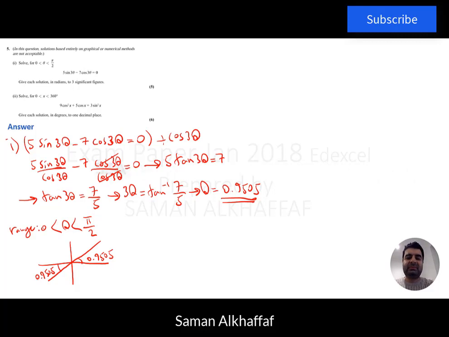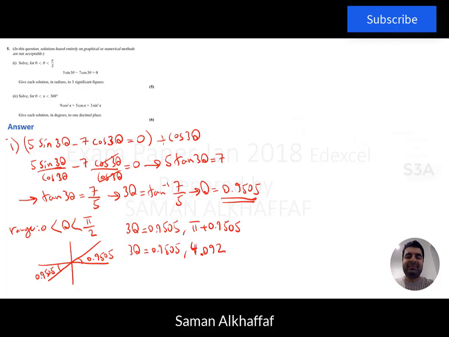In this scenario, 3 theta will be 0.9505, and also pi plus 0.9505, which gives us 4.092 when we sub for pi.